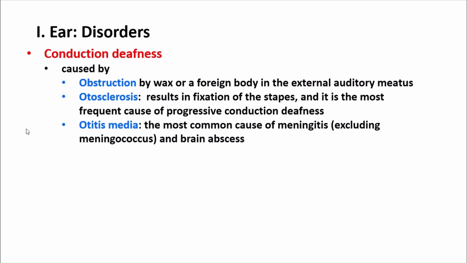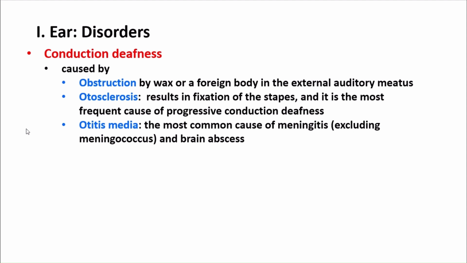There's a lot of fibrosis formed there, and the person cannot hear anything. It's a common cause of progressive hearing loss. The obstruction usually happens faster, but this is a progressive hearing loss.